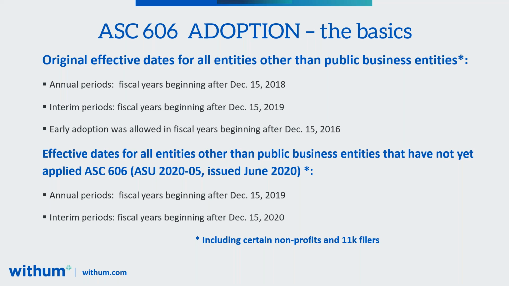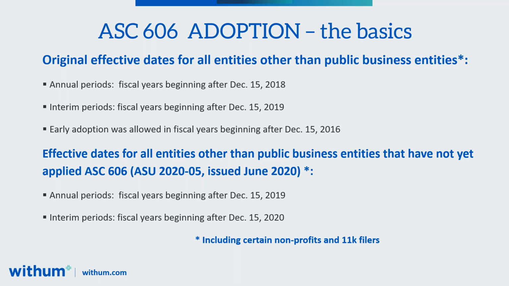And that is applicable to entities that have not yet released financial statements already incorporating ASC 606. So if that is you, you may decide to take advantage of this extension. If you feel you are too far along or you're already into it, which many of our for-profit clients have concluded, then by all means, you may go ahead and release financial statements, including ASC 606.